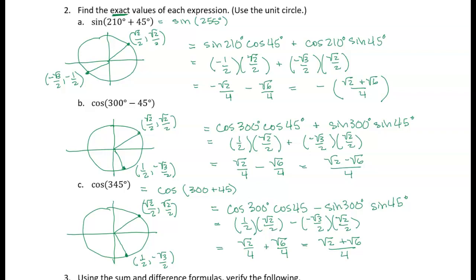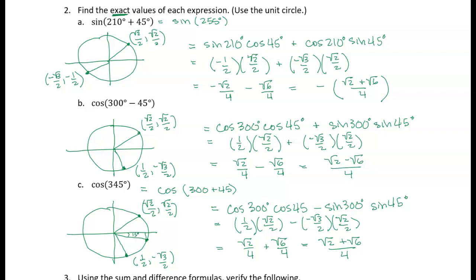If you think about it, this 345 degrees is just 15 degrees shy of 360, right? So if I were to draw that in here, here's about 345 degrees, and the reference angle is 15 degrees. Now, in example 1, we found the cosine of 15 degrees.